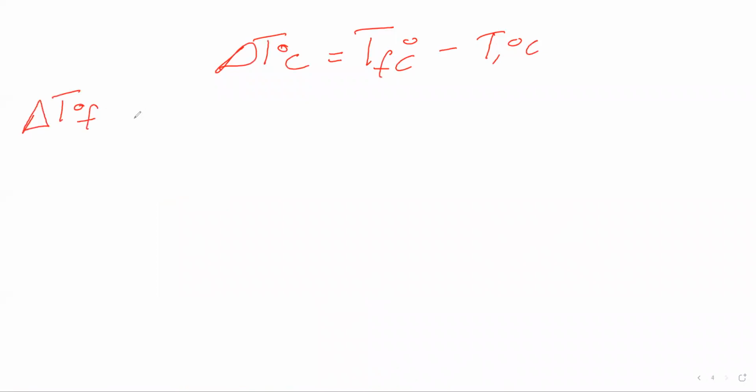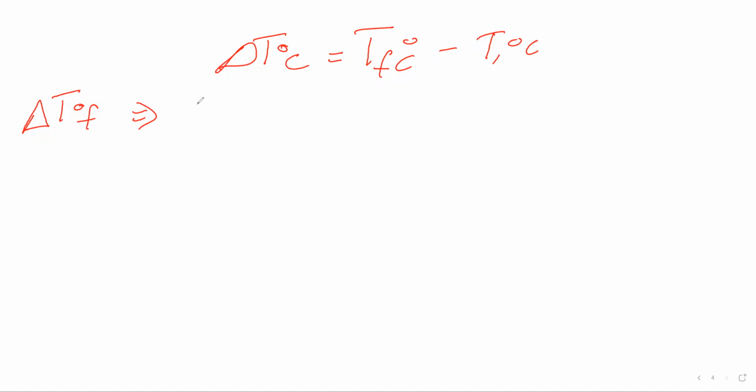So you had your temperature change, right? Temperature change in degrees Celsius would have been T final in degrees Celsius minus T initial in degrees Celsius. Is that so? Yes, sir. And if we wanted to find the temperature change in degrees Fahrenheit, what we need to do is convert this final temperature in degrees Celsius to Fahrenheit, and convert the initial temperature in degrees Celsius to Fahrenheit.